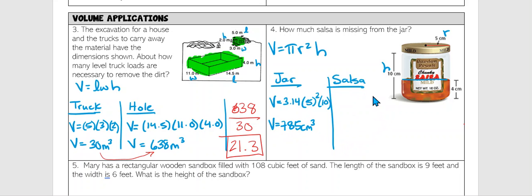Now we want to figure out how much salsa is in the jar. So we're still going to have our 3.14. Our radius of the salsa down here is still the same as the radius at the top. So our radius is still 5, but the height of the salsa is just 4 centimeters. So go ahead and plug that in Desmos and see what you get.